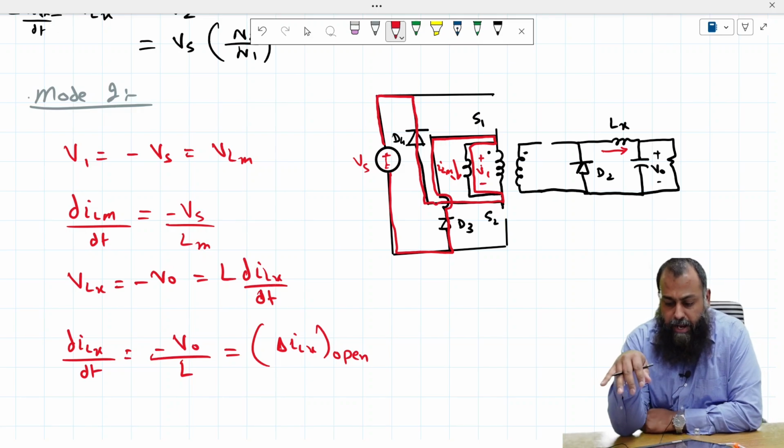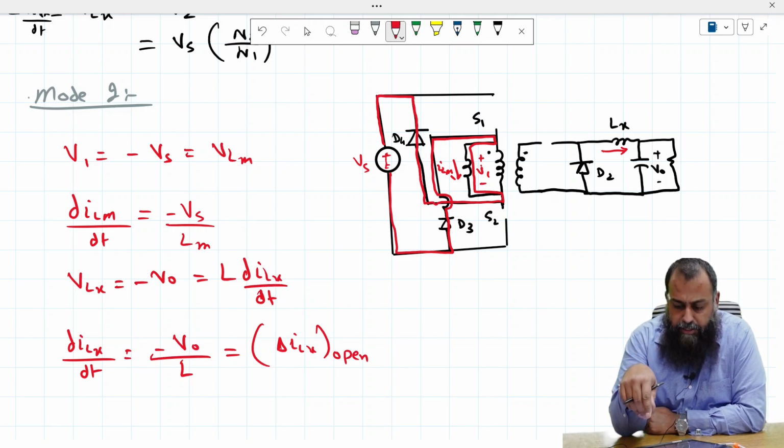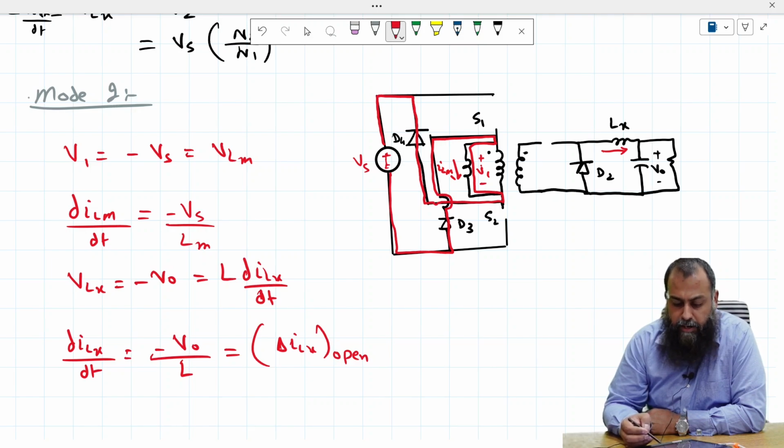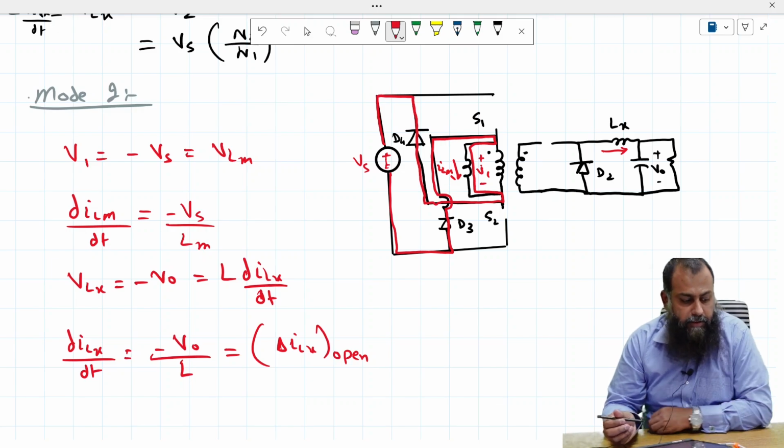So now that we have established these equations, the next thing is to develop the inductor volt-second balance, through the common expression that in a steady state the net change in the inductor current is equal to 0. Therefore we can simply add the delta ILX open and delta ILX closed and equate them to 0 to derive the voltage gain of this given converter.